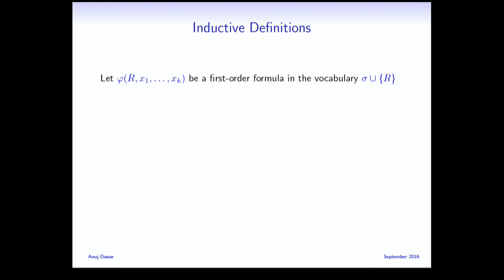But rather than least fixed points, I'm going to talk about inflationary fixed points, which gives you an equivalent logic. So let me just formulate it. Suppose we have a first order formula in a vocabulary which contains a k-ary relation R, and let's say this formula has free variables among x1 to xk.